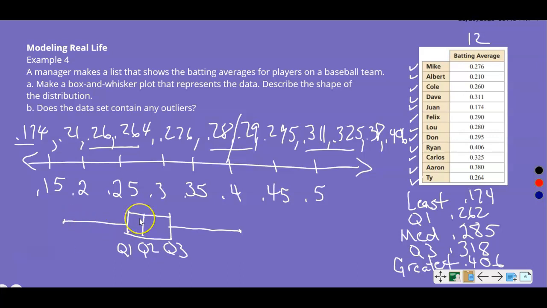All right, so hopefully you can see what I've done. This would be your least value. This is your greatest value. And then you've got your Q1, your Q2, and your Q3. So these are your five numbers. That gives you your 5-number summary.